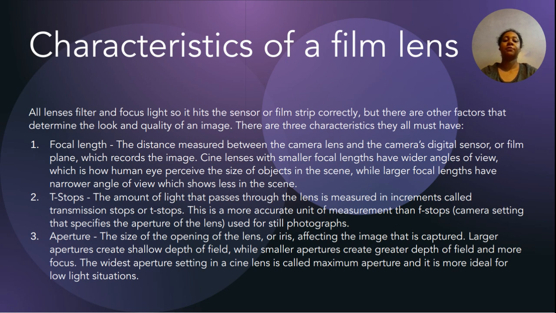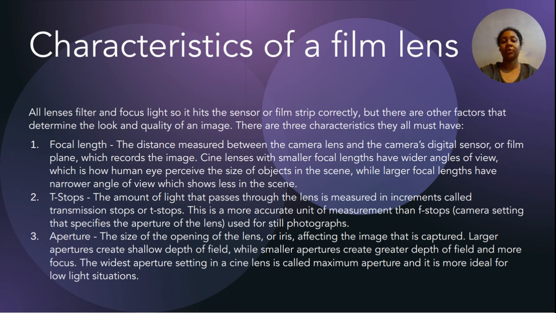So there are different characteristics in terms of the film lens. There's a focal length, which is the distance between the camera lens and the camera's digital sensor. That allows the image to be recorded, and it's how the human eye can see the size of an object.